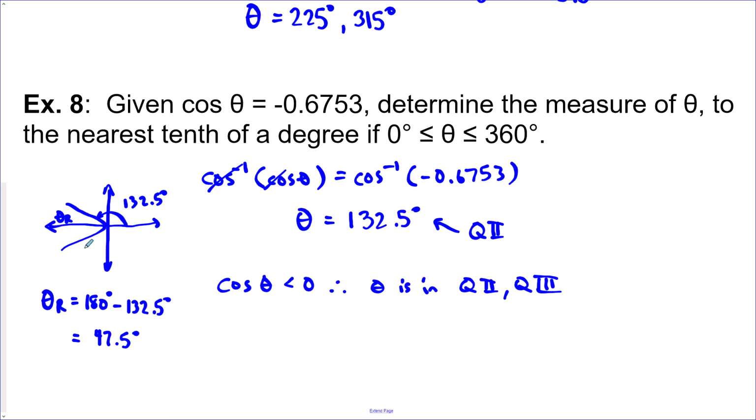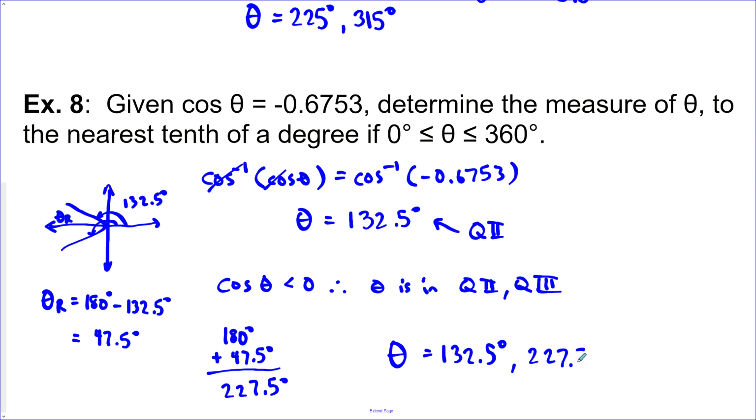And then to find this angle here in quadrant 3, we just need to say 180 degrees will get us to here, plus the reference angle this time, plus 47.5 degrees. And we get that it's 227.5 degrees, and that's our answer in quadrant 3. So theta is equal to both of those quadrant 2 and quadrant 3 answers.